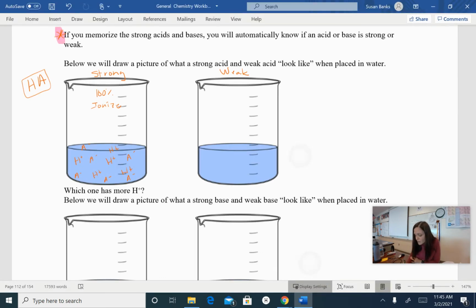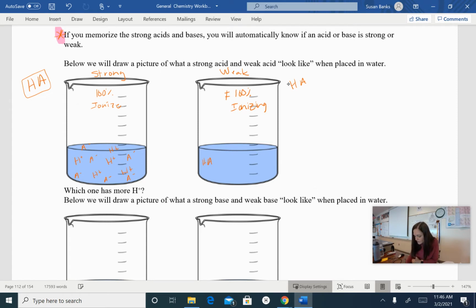And so these are going to still be stuck together. We don't 100% ionize. So we're going to once again use our generic acid where we have the hydrogen bound to some negative ion.